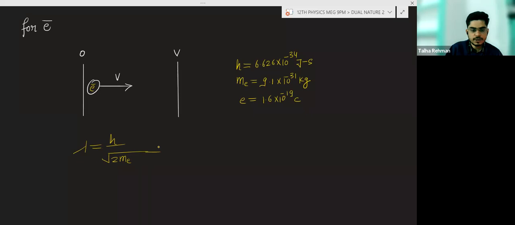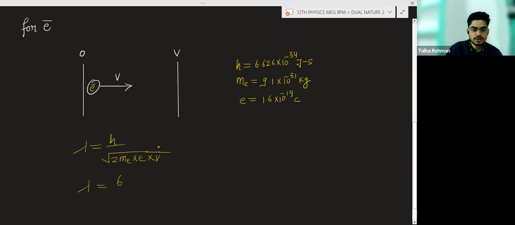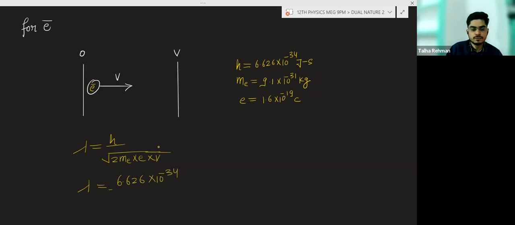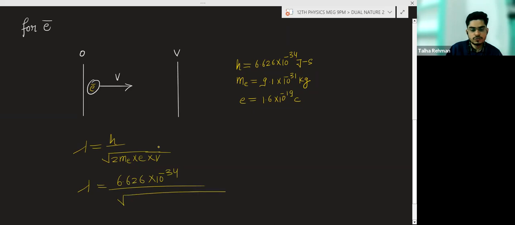Charge on electron is e multiplied by potential V. So when you calculate this, h is 6.626 into 10 to the power minus 34, mass of electron is 9.1 into 10 to the power minus 31, charge on electron 1.6 into 10 to the power minus 19.